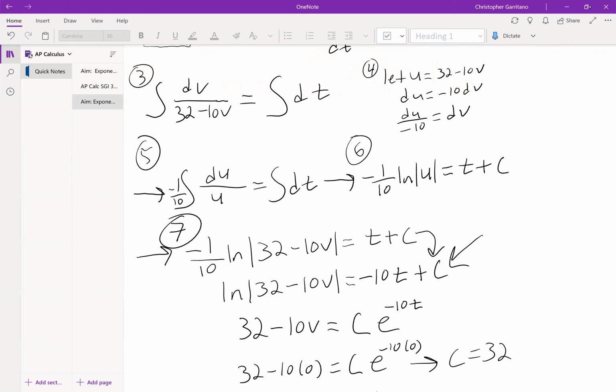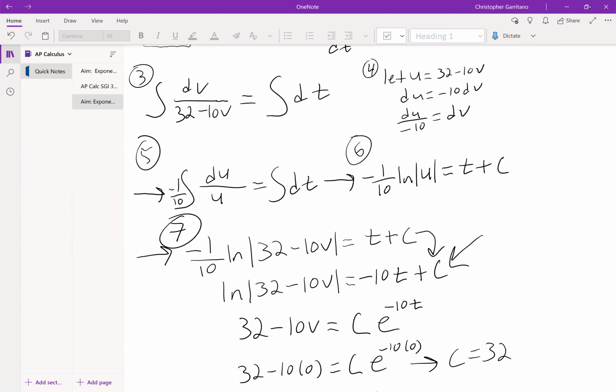You can call it c1 if you want, but really it's not necessary. A constant can just be expressed as c. If you really want to keep track, feel free to call it c1. Just keep in mind that negative 10 times a constant is still a constant.